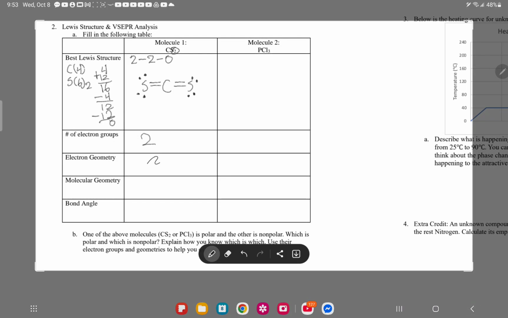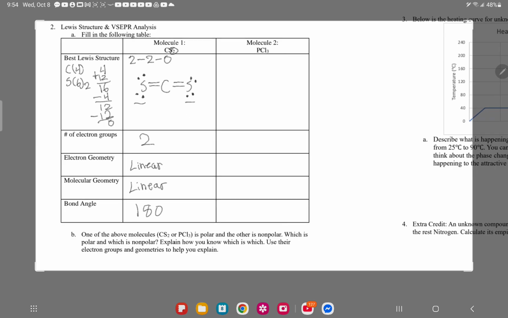So this will be 2. Geometry will be linear. The molecular geometry will also be linear. And because we have symmetry on both sides, we're equally pulled across the middle, right? It is non-polar. So we will be at 180 degrees. So 180 will be the answer there.